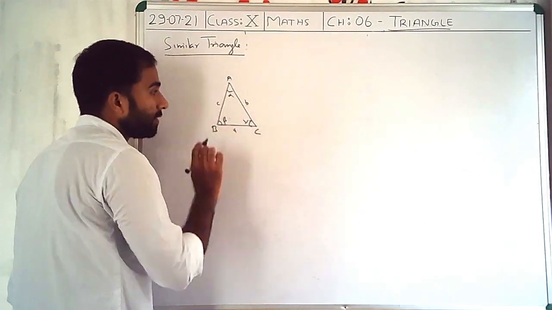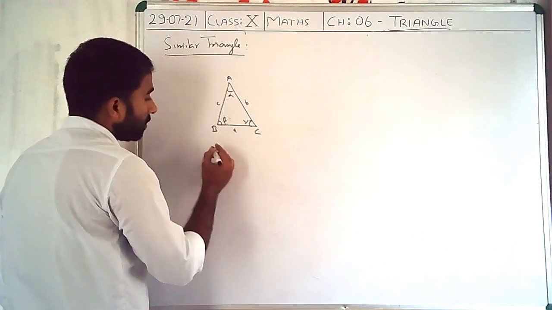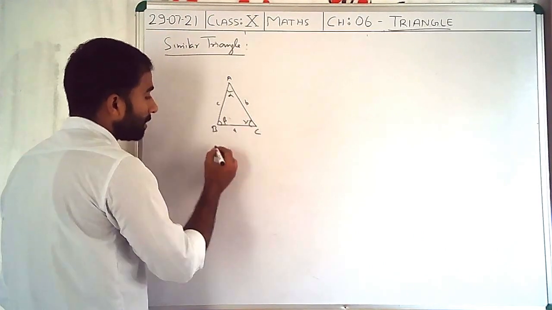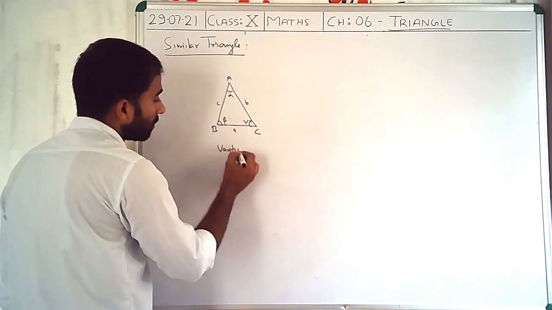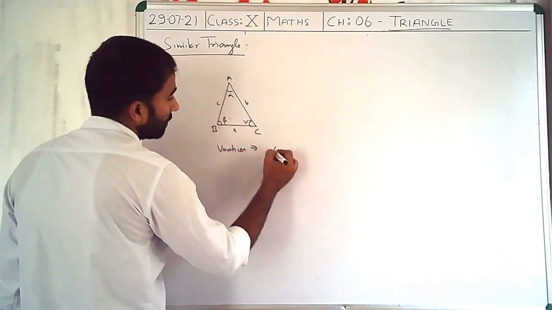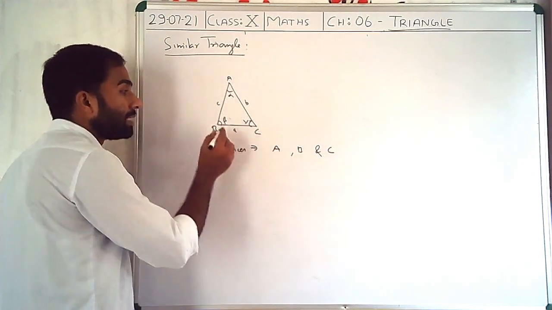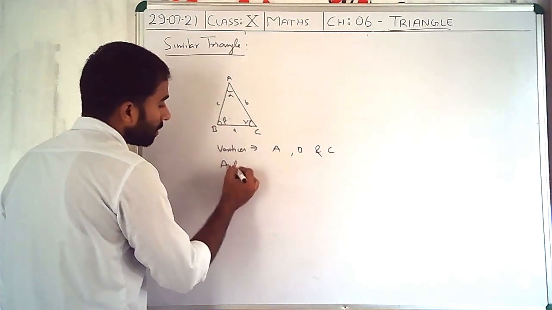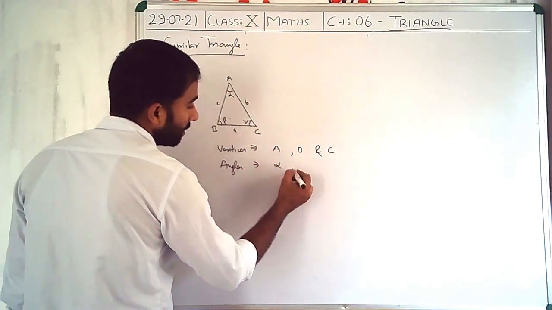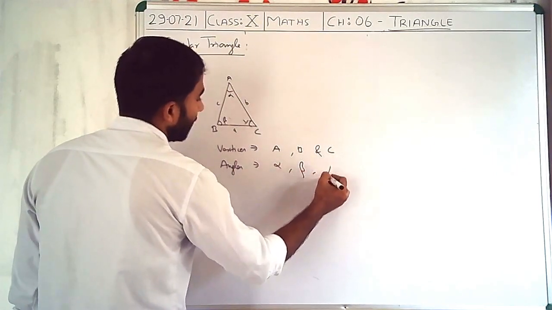Now observe this figure. If we consider vertices, there are 3 vertices, A, B and C. If you consider angles, there are 3 angles, alpha, beta and gamma.